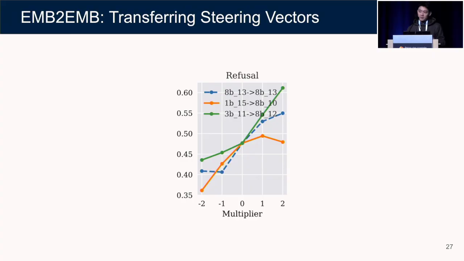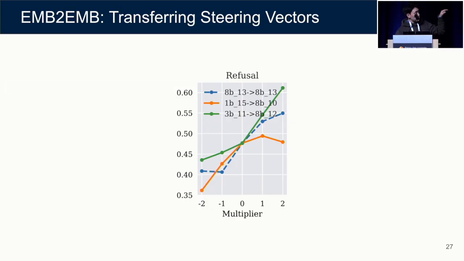And so I'll show you some results demonstrating this. Here we're looking at a steering vector for the concept of refusal. So if you add this vector to the model's hidden states, then it's more likely to refuse the user's request. On the x-axis is that alpha hyperparameter that I was telling you about, and the y-axis is the likelihood of seeing this concept being demonstrated.